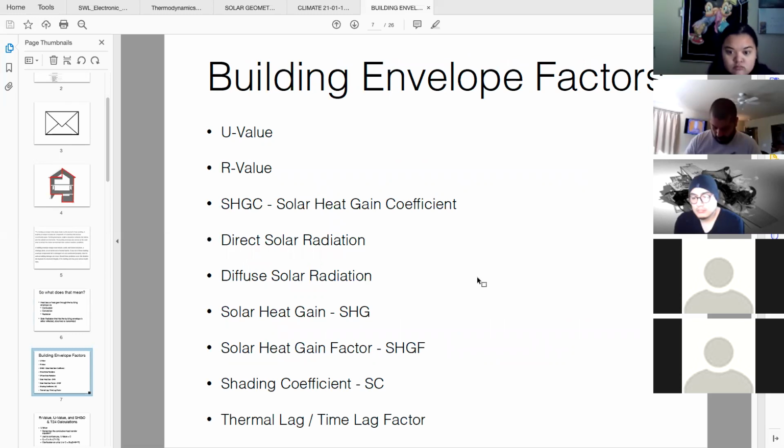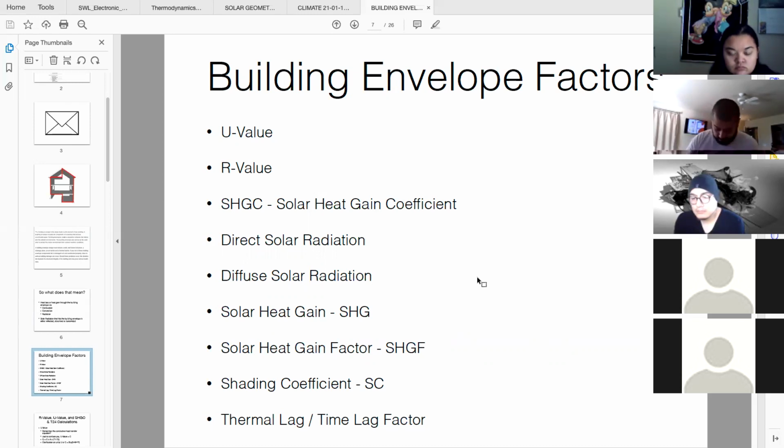There's a bunch of terminology that is really important to understand for looking at the performance of our building envelopes. There's the U value, which is the conductance value, and the R value, which is the resistance value. And remember that the U value and the R value are direct inverses of each other.